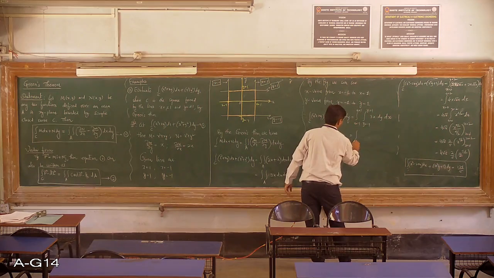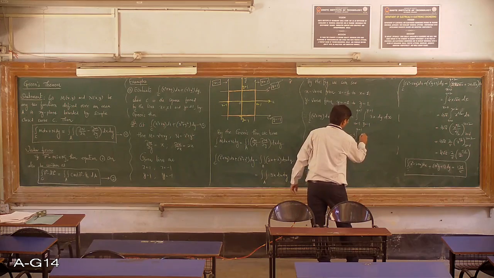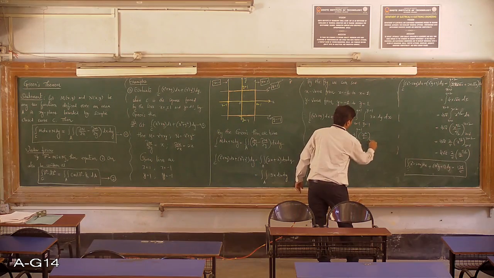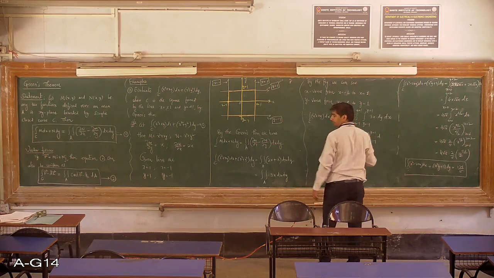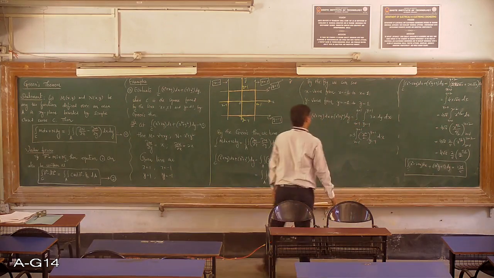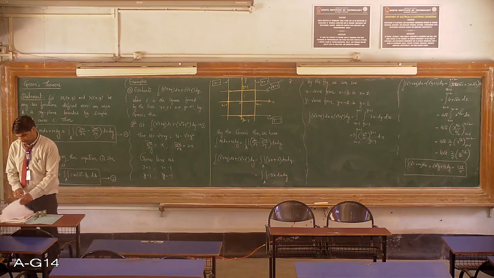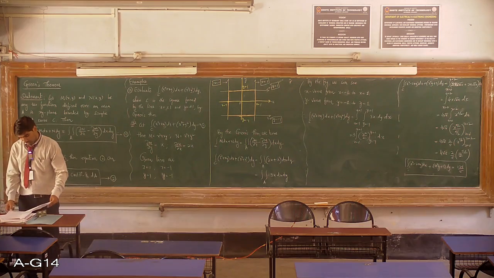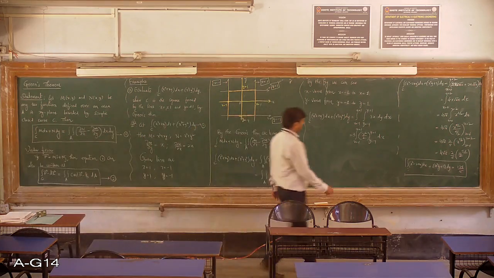I'll keep the 3 outside. Integration of x is x square by 2, y from -1 to +1, into dx. Hope this answer will be 0 because that is an odd function. Yes, it is an odd function, so therefore the answer will be 0.